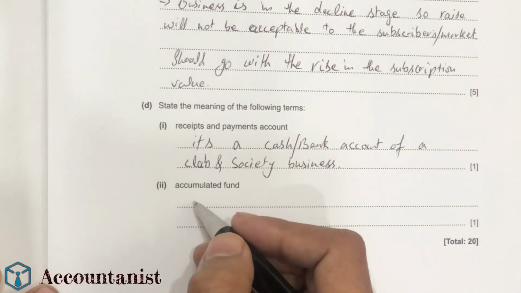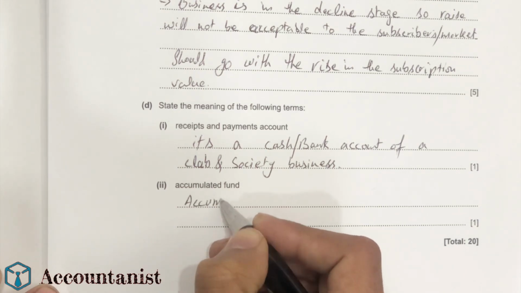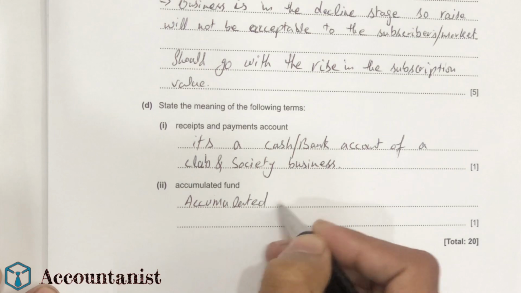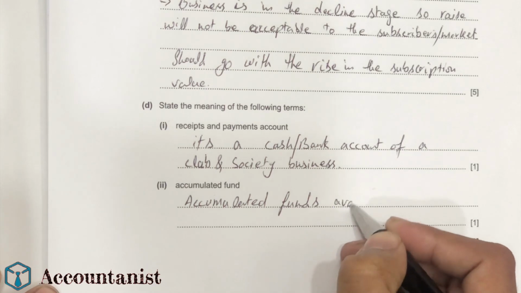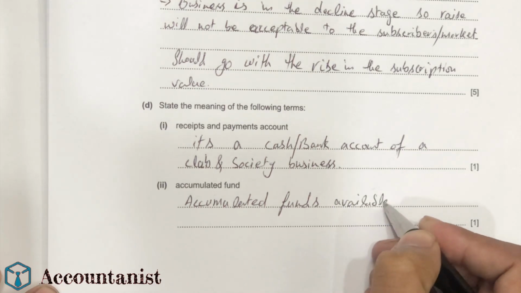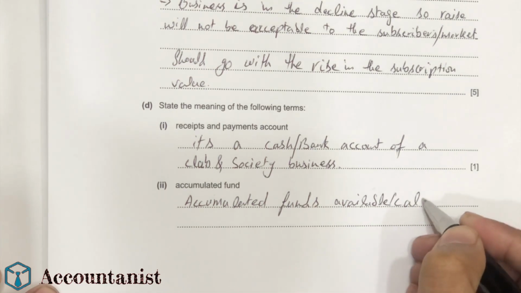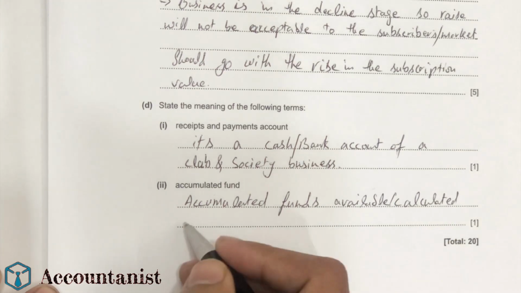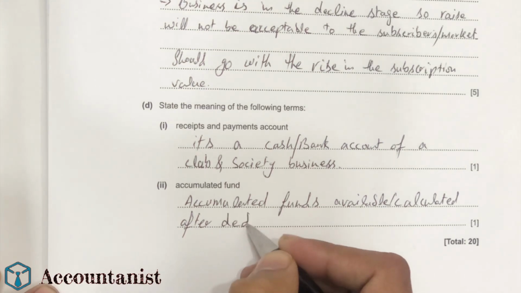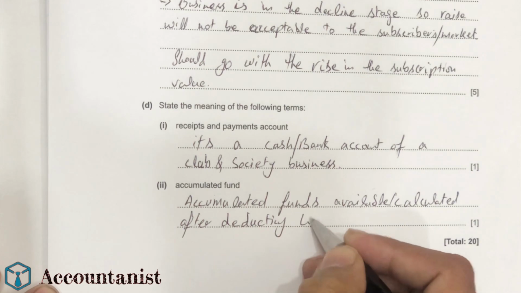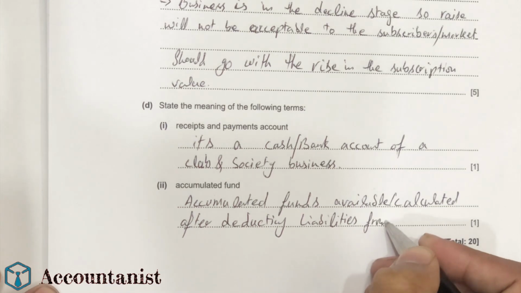So we can write down: accumulated funds are funds available after, or calculated after, deducting liabilities from assets.